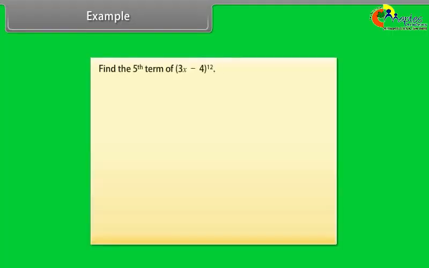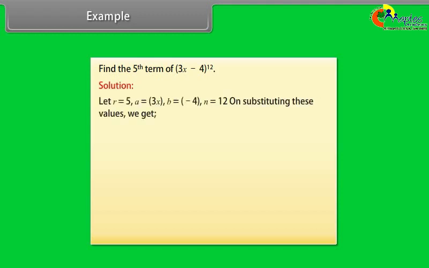Example: find the fifth term of (3x minus 4) raised to power 12. Solution: let r is equal to 5, a is equal to 3x, b is equal to minus 4, n is equal to 12.